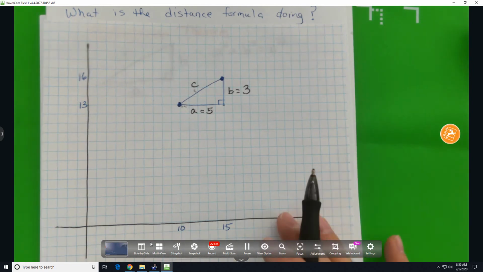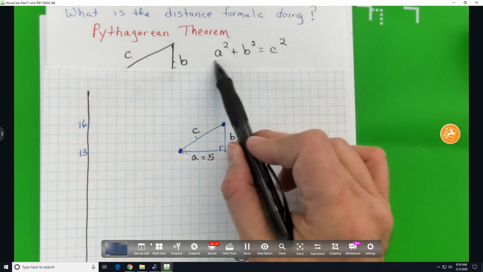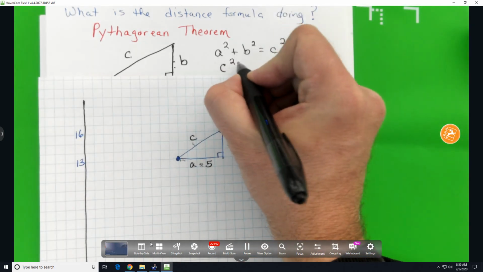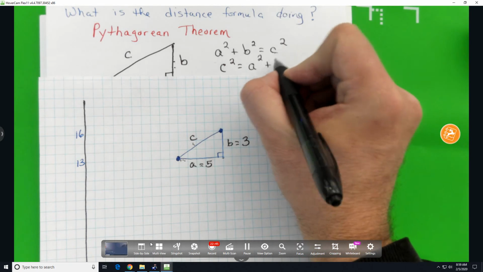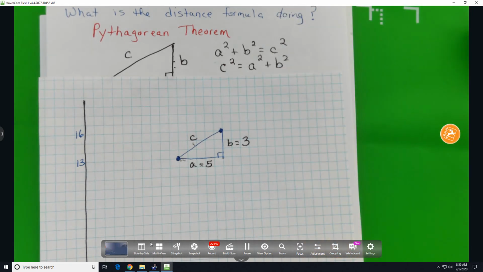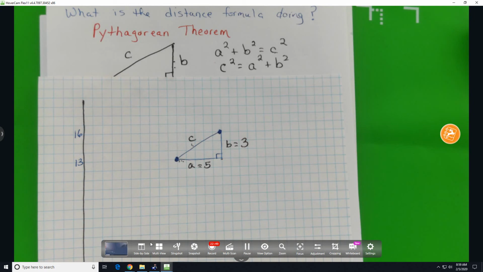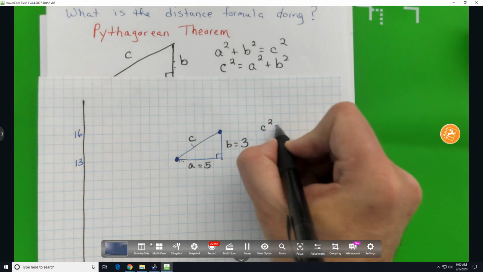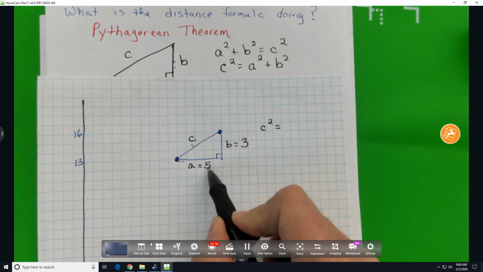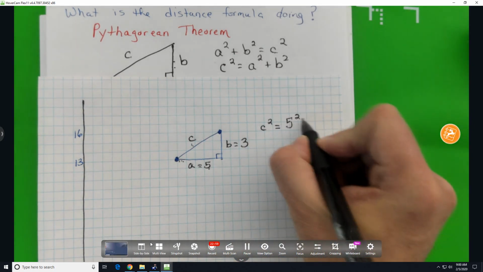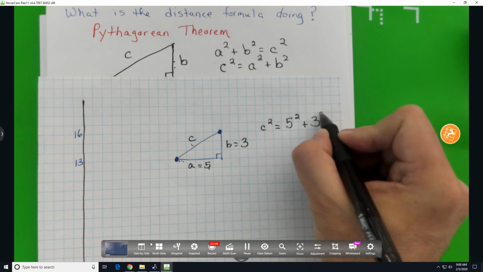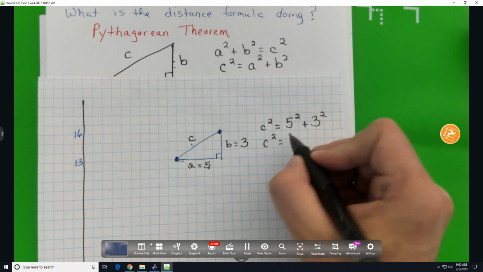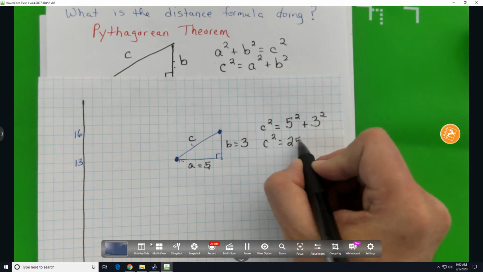Because now I can use that Pythagorean Theorem. What I want to know is C. Why don't I write the Pythagorean Theorem like this? Instead of A squared plus B squared equals C squared, I'll write it as C squared equals A squared plus B squared. So C squared, once I square the 5, I get a 25.